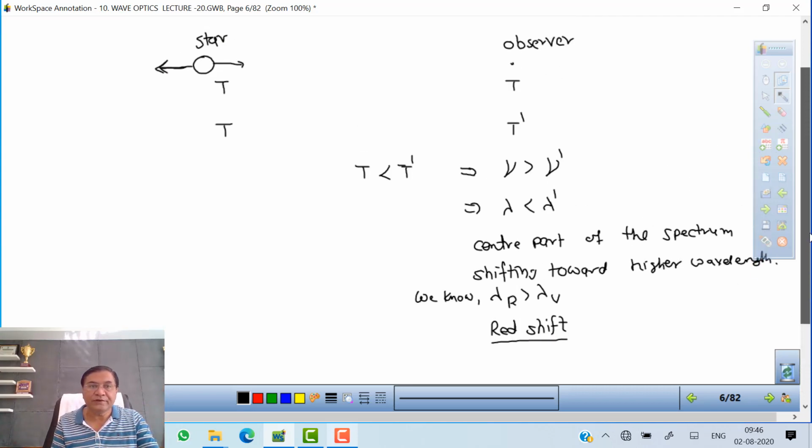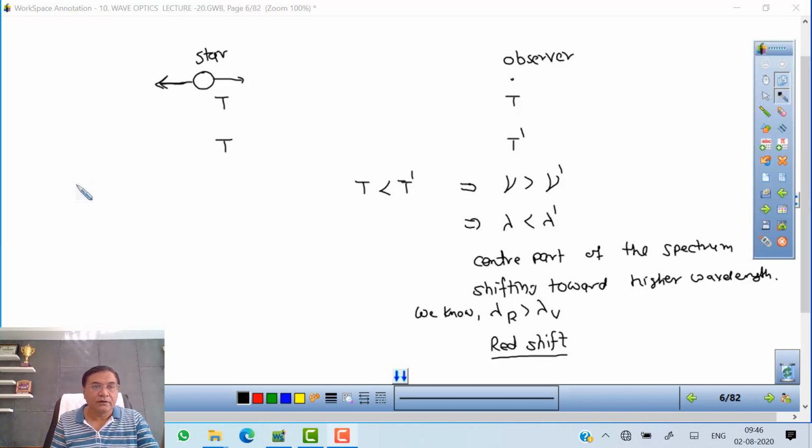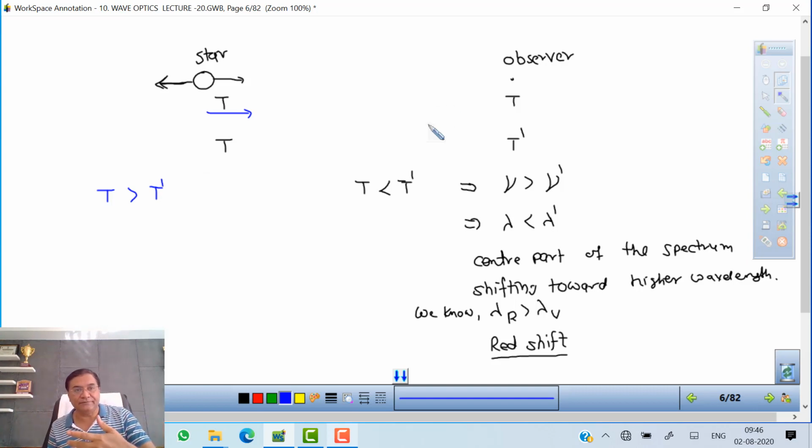Now let us talk about the opposite. If the star is approaching us with some velocity, then the time T is greater than T prime. We see less time than the original time.